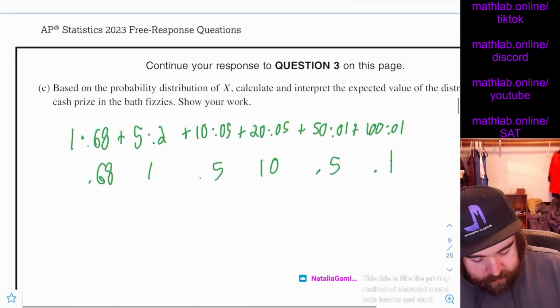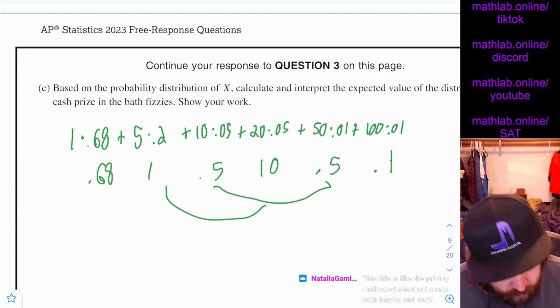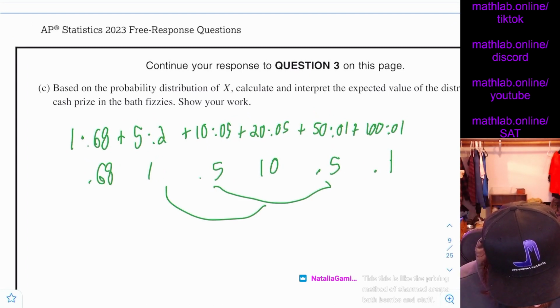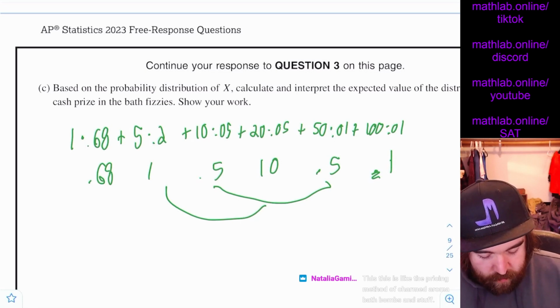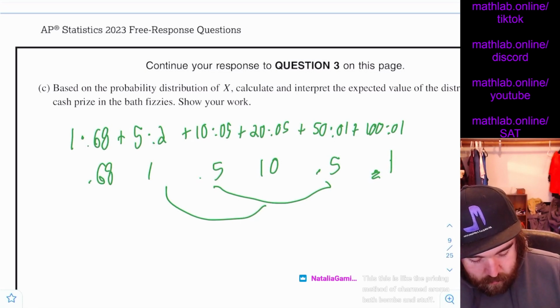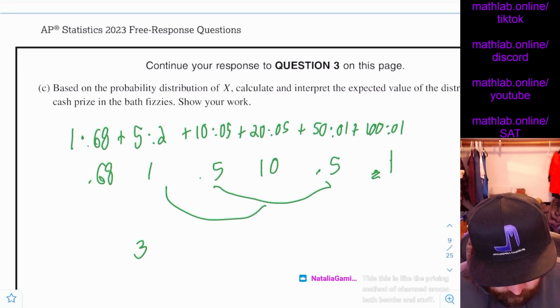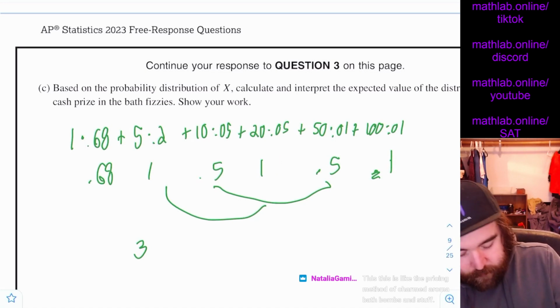Love it. So that's 1. That's 2. That's not 0.1, that's another 1. So we got 1, 2, 3, 3.3. Wait, that's not right.